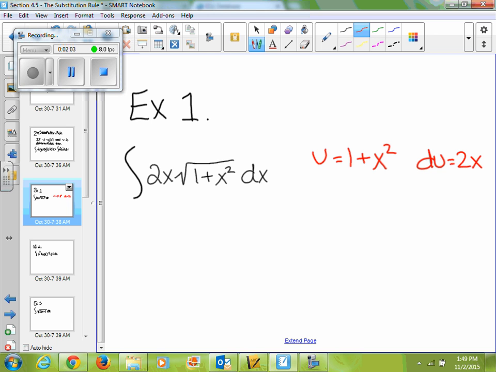So the derivative of 1 plus x squared is just 2x. If I roll down that 2 and then reduce my exponent by 1, I end up with 2x. So that tells me that I can replace this 2x with du, and I can replace this 1 plus x squared with u, so I end up with the square root of u du.